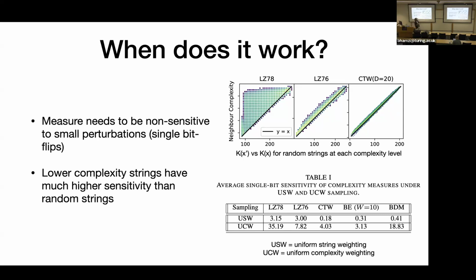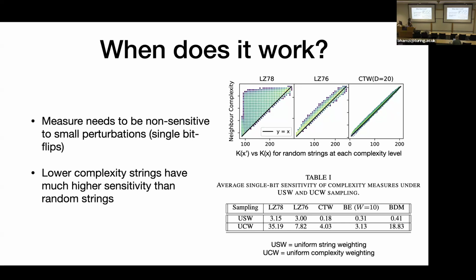So you can have a very simple string, but you just change one bit and the complexity goes very high. The X and Y values here are the same on these plots. So that means that NNSC sometimes struggles, it gets trapped in local minima because it doesn't find the mutations that let it go down to lower levels, because the complexity measure is so sensitive to small changes. But sometimes it also performs really well, like for CTW, which has very low sensitivity.